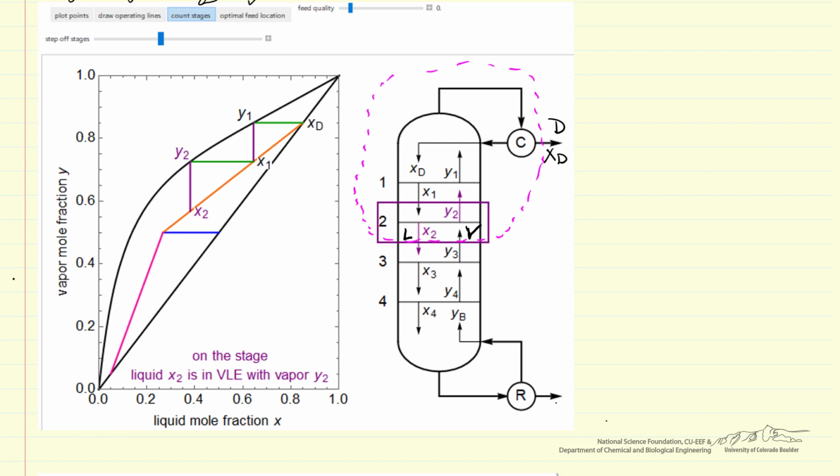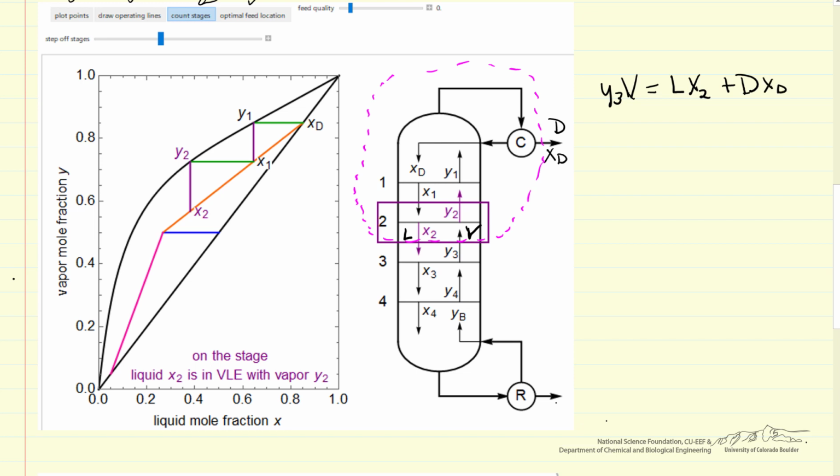If I write a mass balance around this dotted-dashed purple section, then what's coming in is Y3 times the molar flow rate, so mole fraction times the molar flow rate, number of moles coming into that. And what's leaving is in two places: liquid flow rate going down times X2 plus the distillate flow rate times XD.